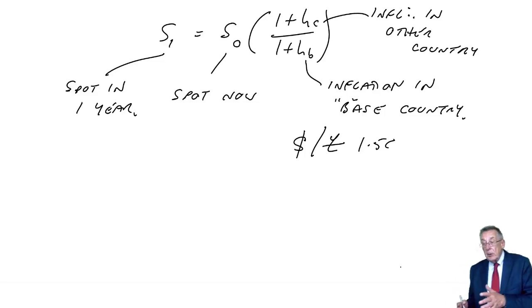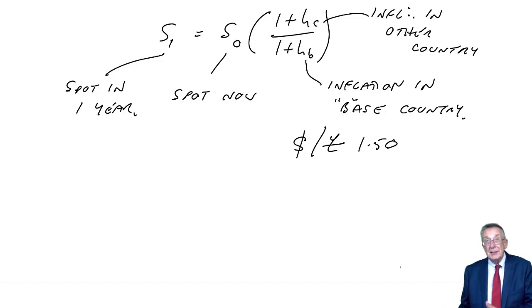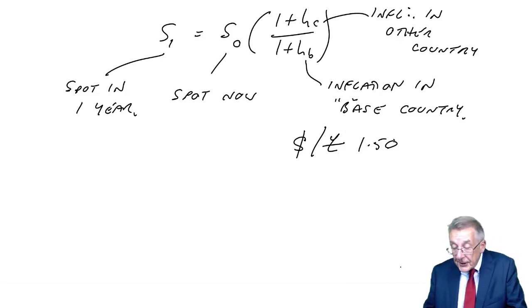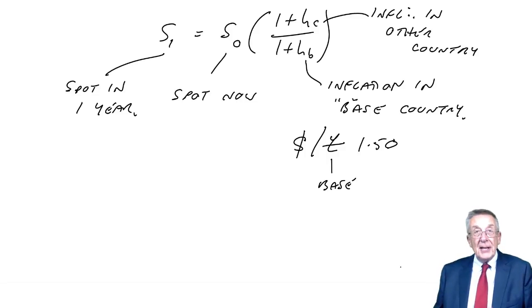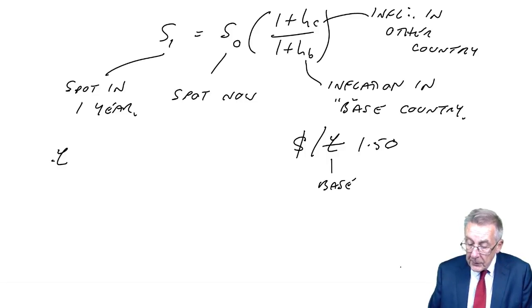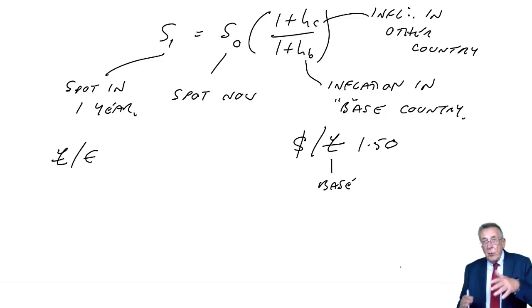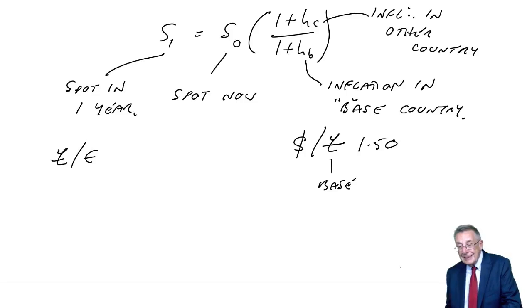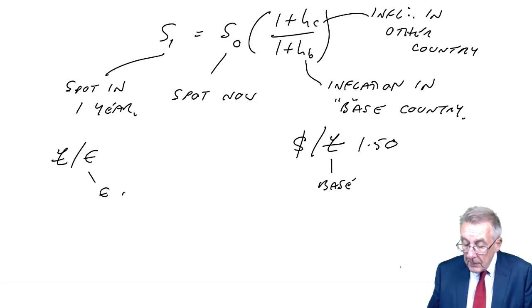So the dollar was being quoted against the pound. $1.5 is £1. We're quoting against the pound, that would be the base country. If you had a quote, pound against the euro, that would be the number of pounds for 1 euro. Well, for this formula, euro would be the base country.